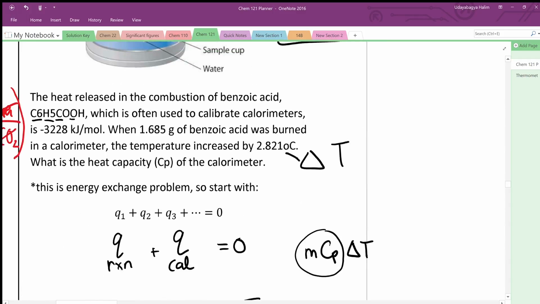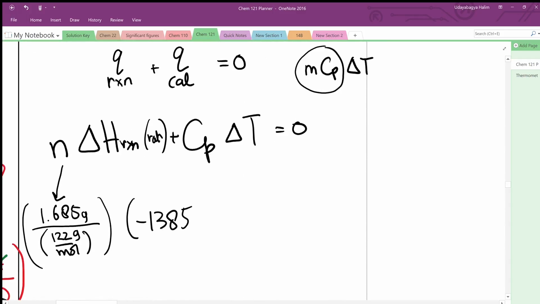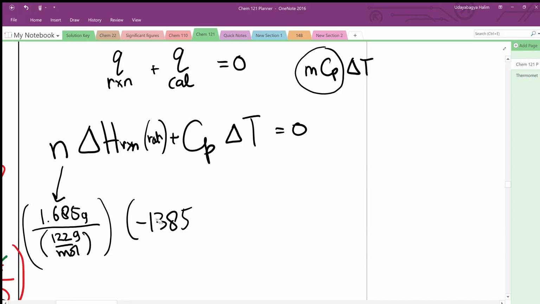Let me just double check. Oh, 3,228. Kilojoules per mole. It is per mole of benzoic acid, and what we have here is also moles of benzoic acid. So the unit cancels out, hence I don't worry too much about the unit.